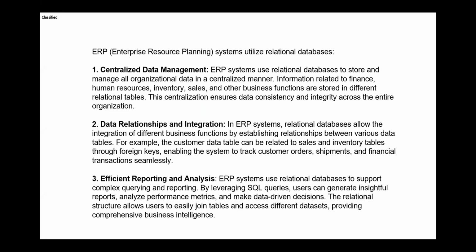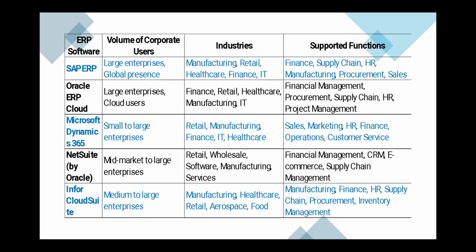Data relationships and integration of data happen, and there is efficient reporting and analysis. No piece of data can get lost. All that can happen is that the user may not have put in the data. That is possible, there can be no value for the data, but it is not that the system cannot trace that particular data attribute.